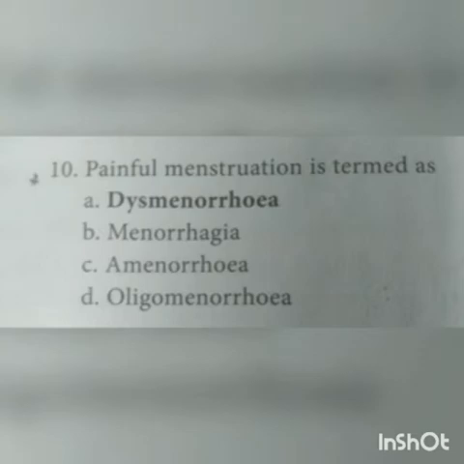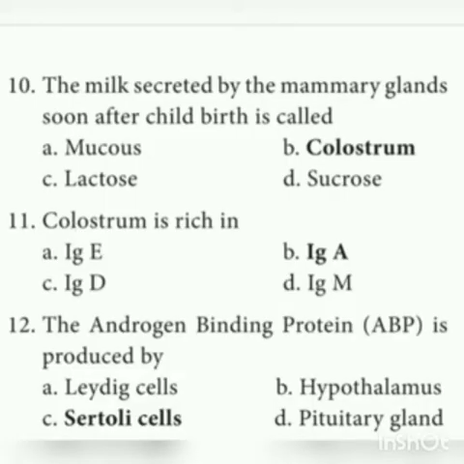The milk secreted by the mammary gland soon after childbirth is called colostrum. Colostrum is the first milk secreted after childbirth. Colostrum is rich in which type of antibodies? IgA antibodies. It's a very important question. It is asked in the NEET exam also.